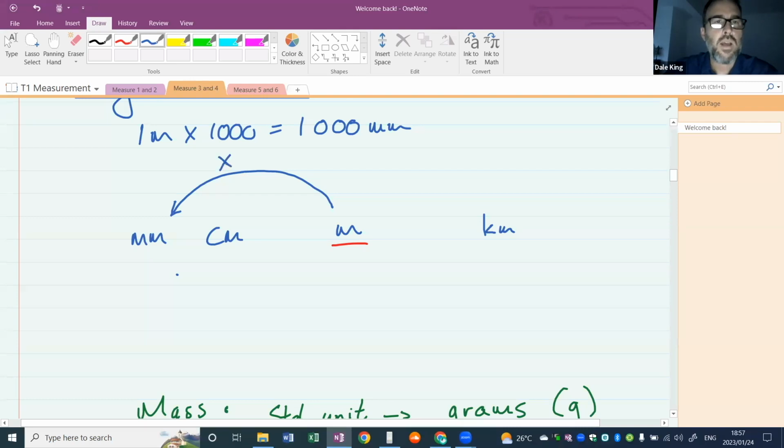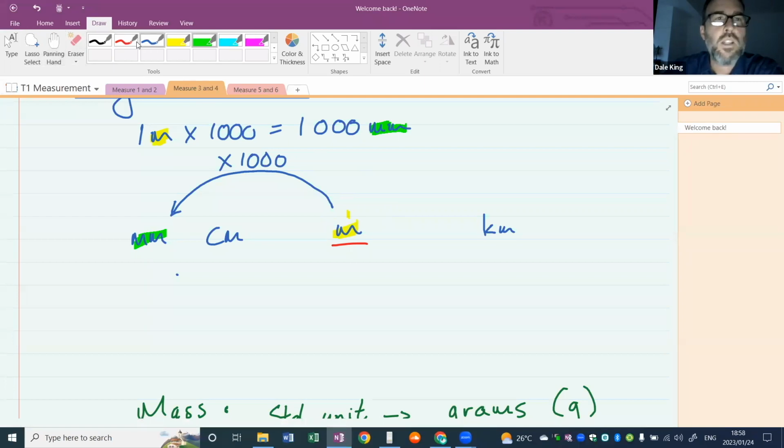Well, we times it by 1,000. So if you're going from meters, in yellow, to millimeters, in green, you have to times by 1,000. Why I've got the small one on the left and the big one on the right is because I'm going from smallest to biggest, left to right.